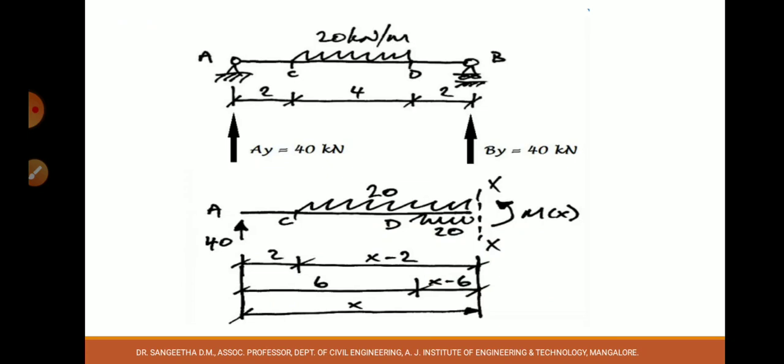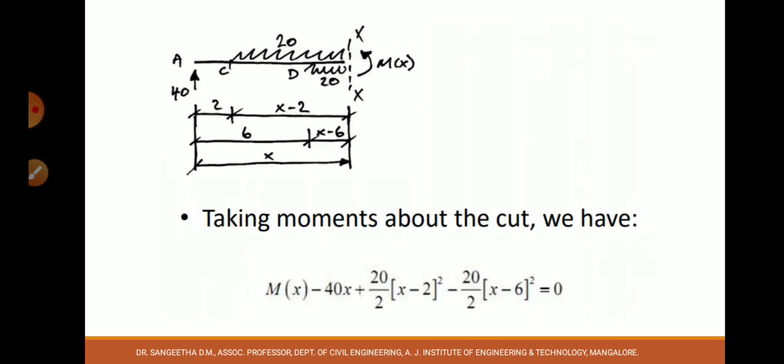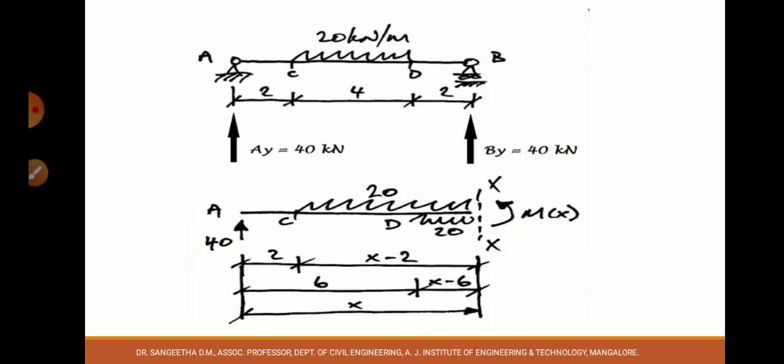Once you evaluate the reactions, the next part is to write the bending moment equation. Whenever the UDL is over a small portion, the load has to be extended till the end of the support. Here the UDL ends at point D, so I will extend it to B, and again introduce a negative load equal in magnitude and opposite in direction, so that the topmost and the bottommost cancel each other up to point D. Got it?